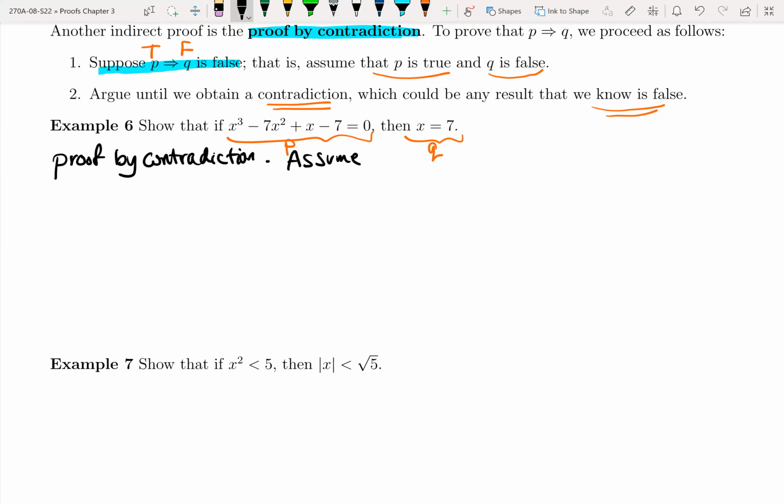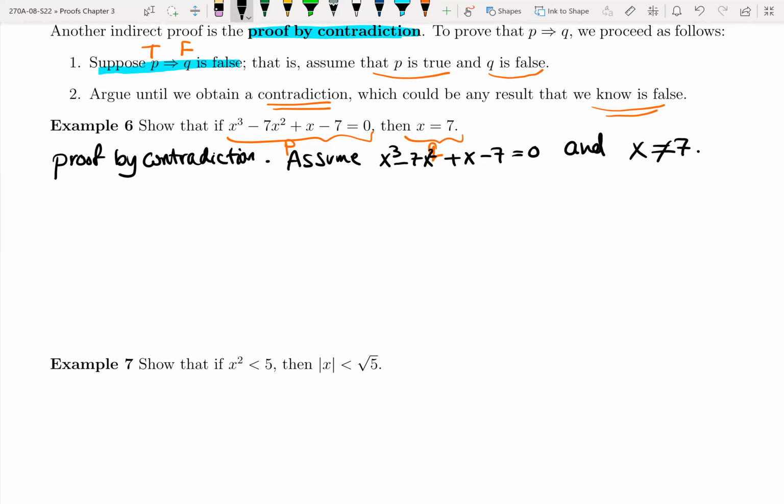Assume P is true and Q is false. Agree? Assume your P statement, that equality, is true, but Q is false. Q is false means x is not 7, okay? Do you agree with this one?